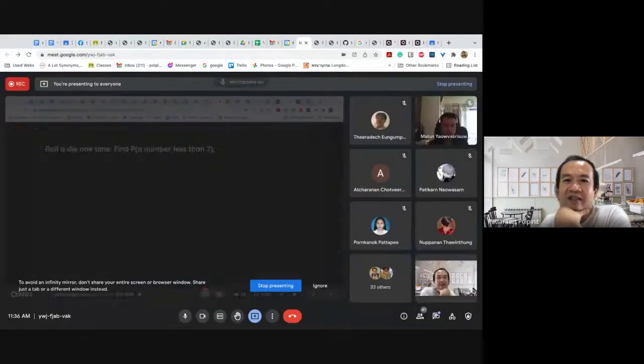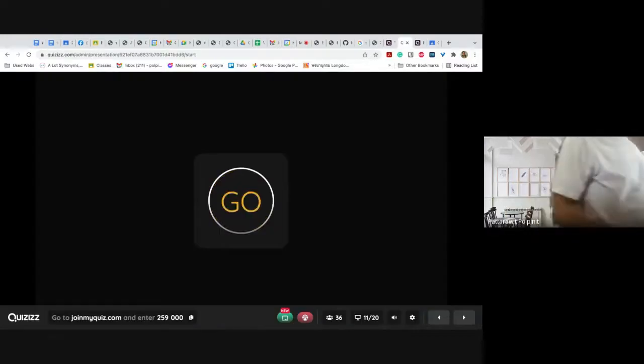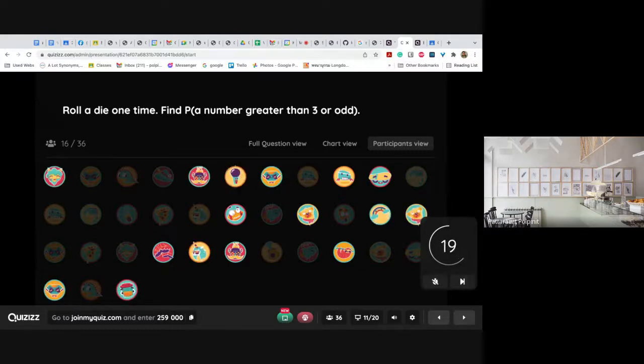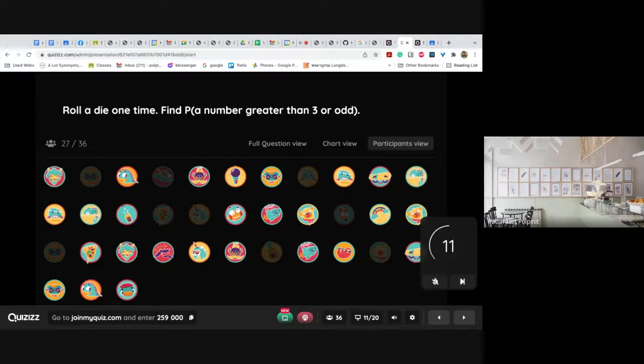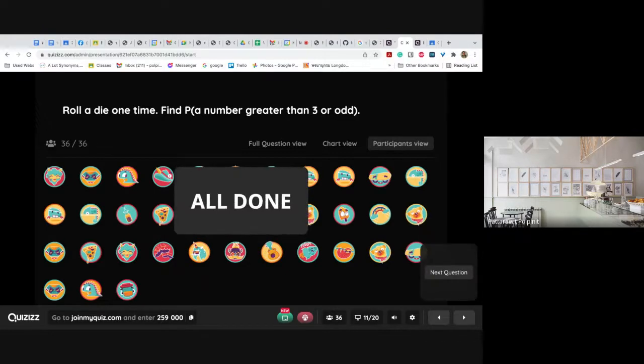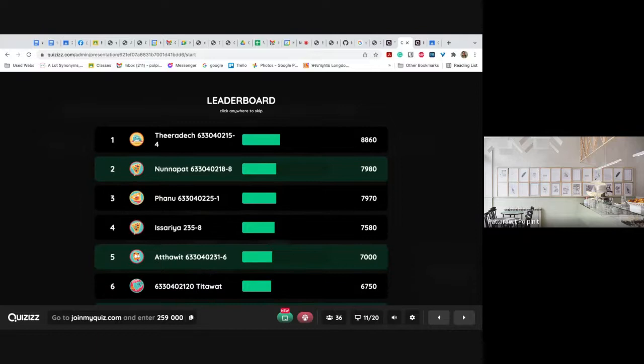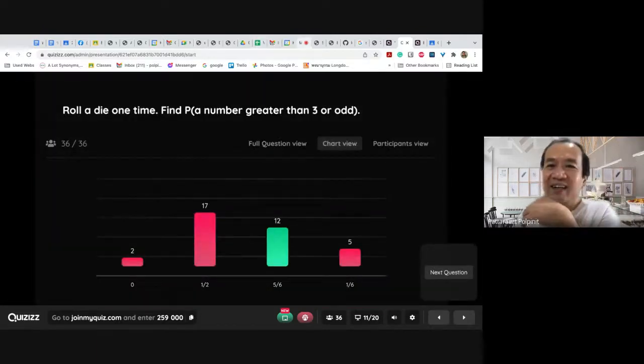Okay, this one: roll a die one time, find the probability of a number greater than 3 or odd.